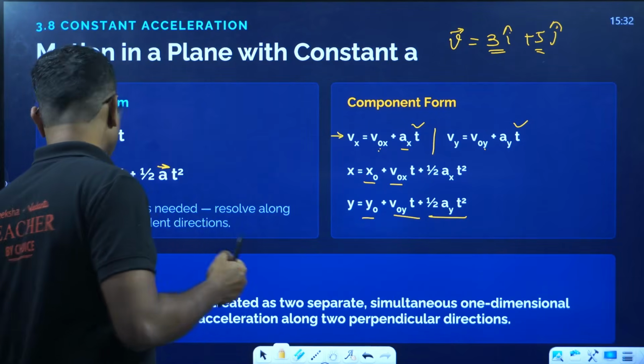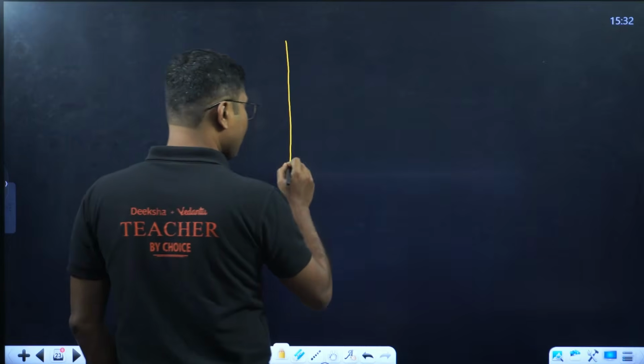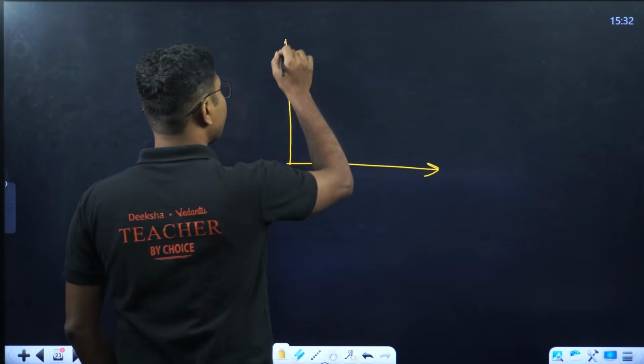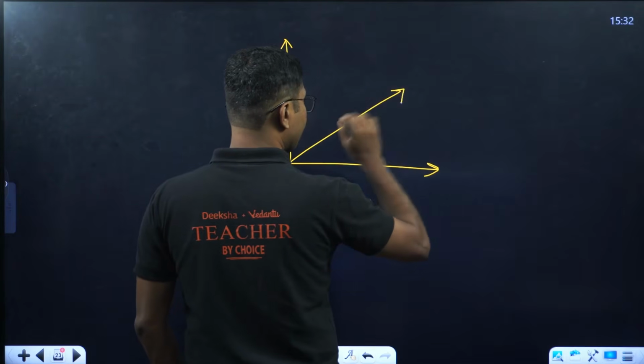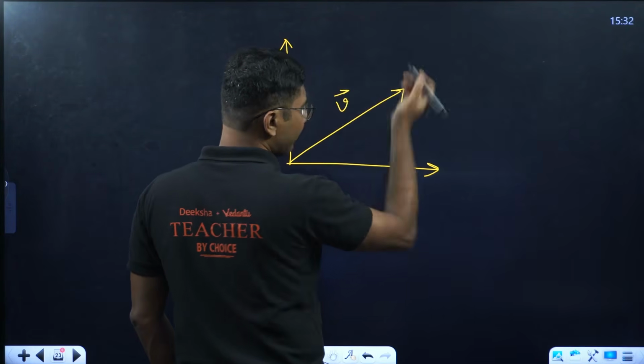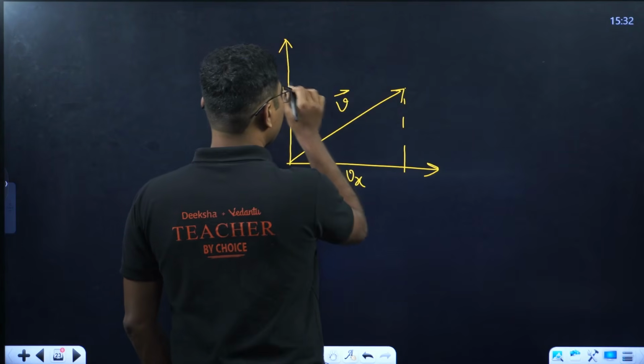Now, one important point I want to remind you about resolution of vector, which I forgot to mention during my explanation. Suppose you are resolving a velocity vector or any vector into two components. So this is the x component, and this is the y component.